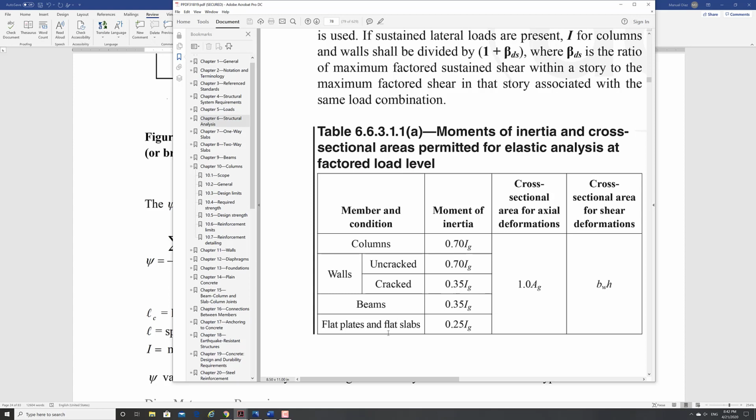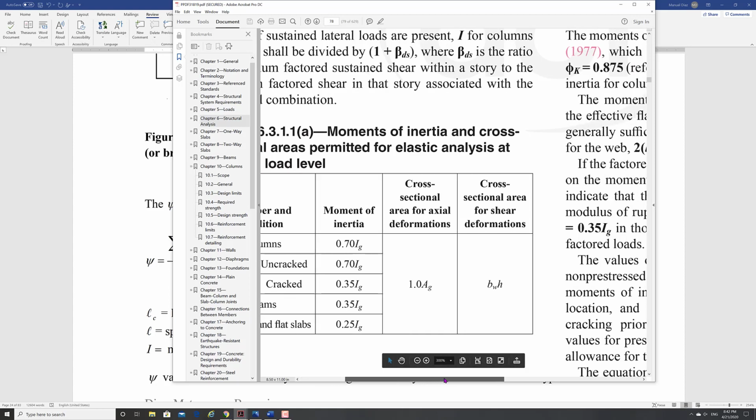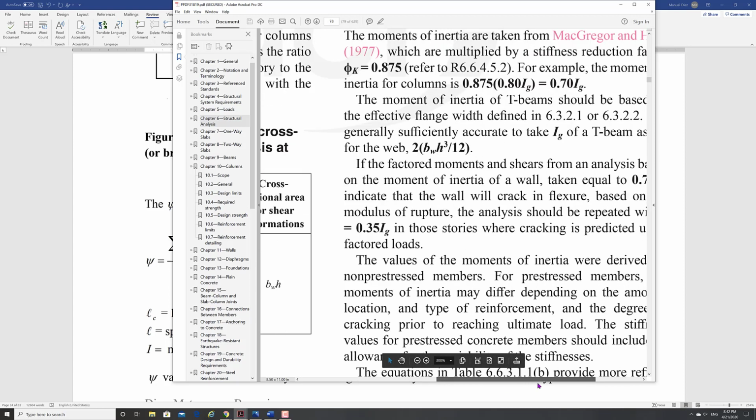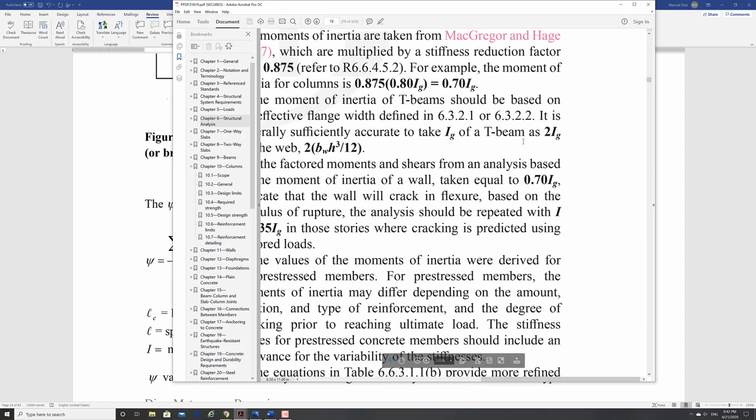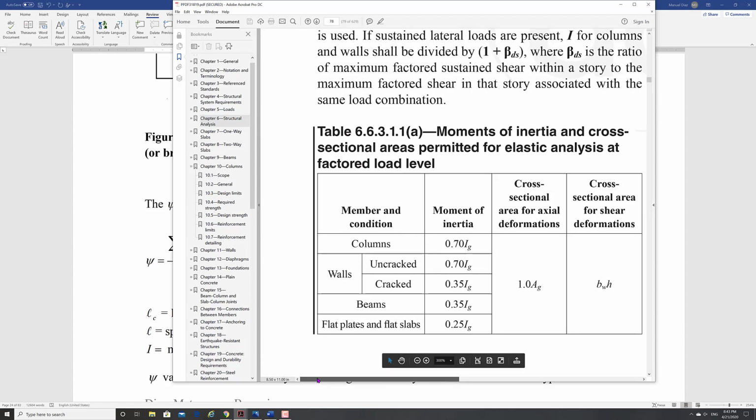Now there is something in the commentary that for the case of T-beams, you can use 2 times the gross moment of inertia of the rectangular portion. And if that is the case, then you multiply by the 0.35, and you get 0.70.